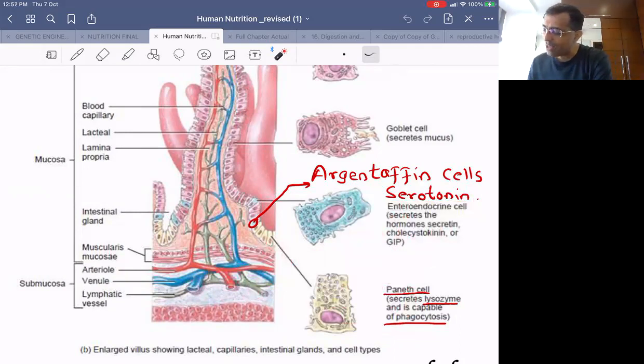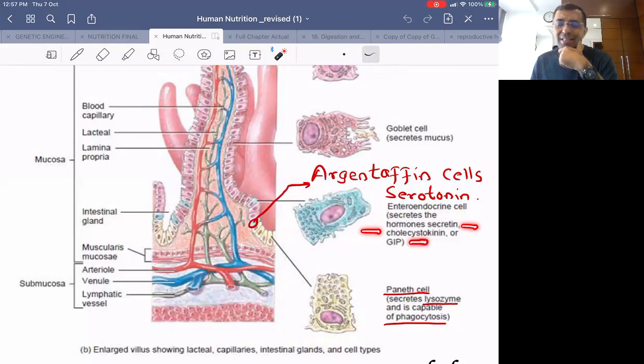And there are specialized enteroendocrine cells. Enteric means intestine, endocrine means hormone secreting. So enteroendocrine cells in the crypts of Lieberkühn secrete the hormones secretin, cholecystokinin, and GIP, gastric inhibitory peptide.